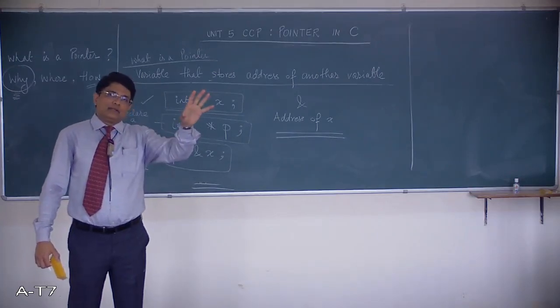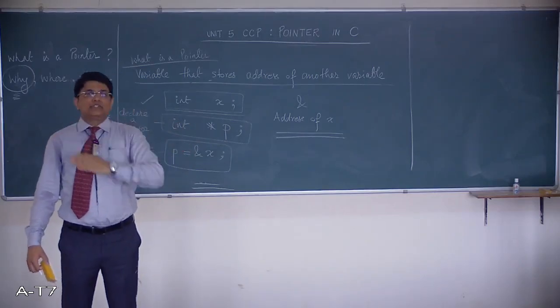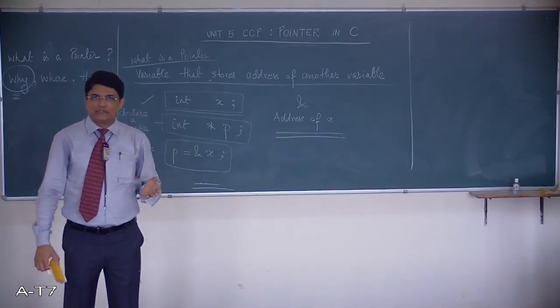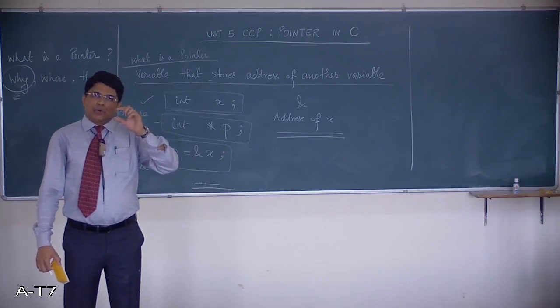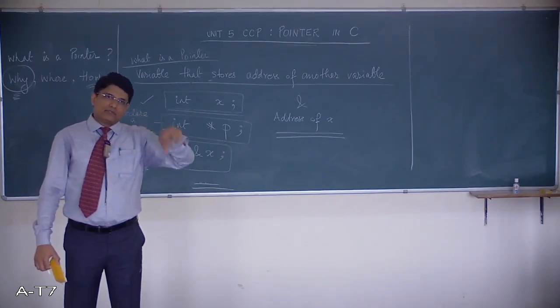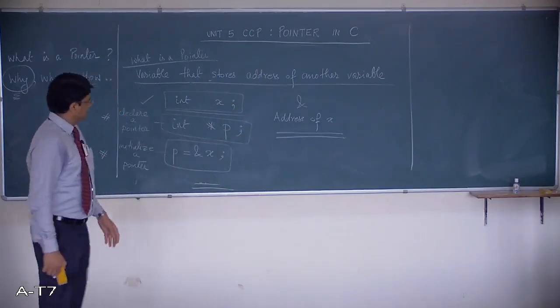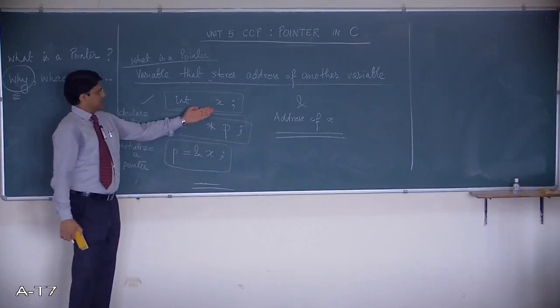If you want that pointer to point to floating point data, which is float data, then that pointer has to be declared as a float type.